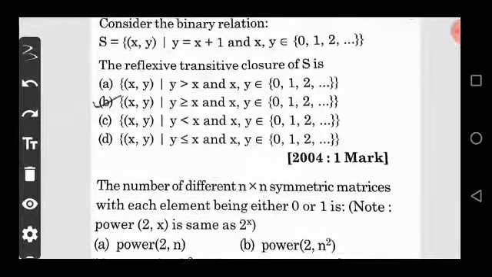Consider the relation S equal to (x, y) such that y equals x plus 1 and (x, y) belongs to 0, 1, 2, 3 and so on.